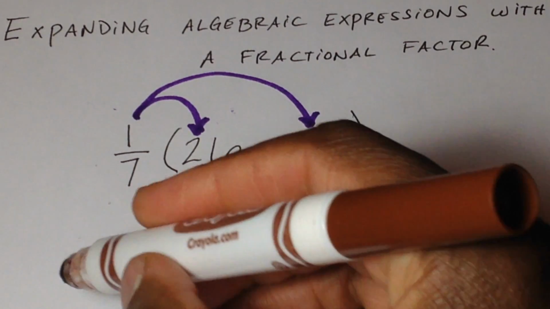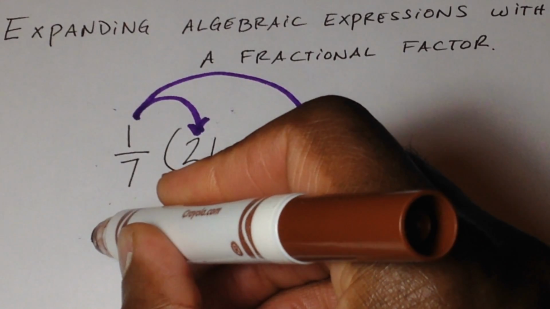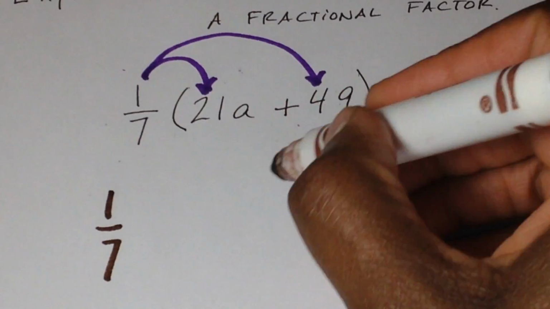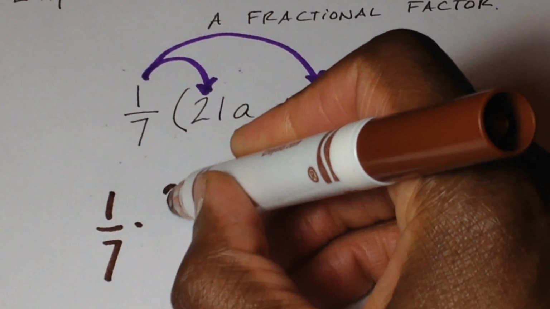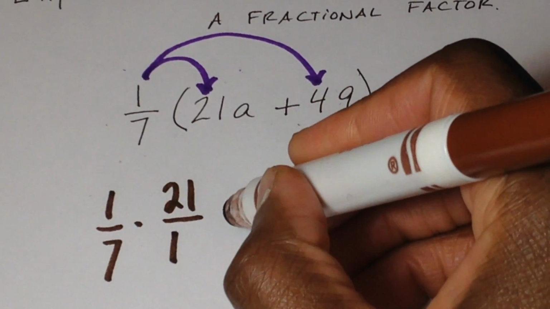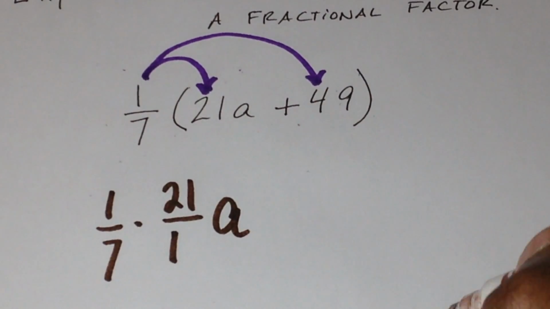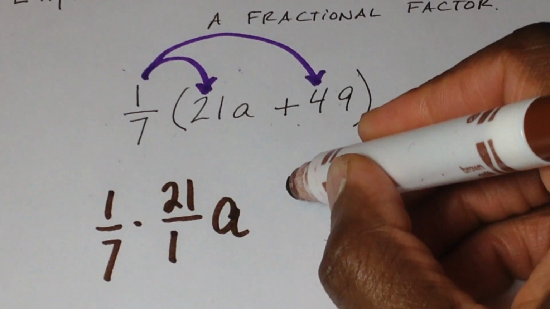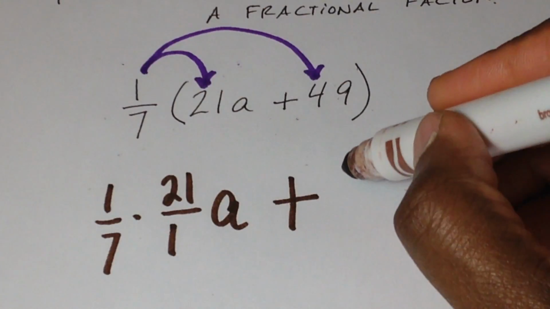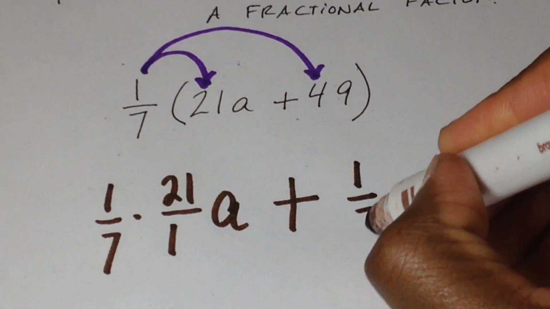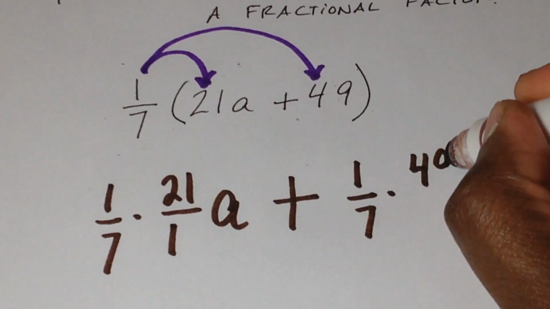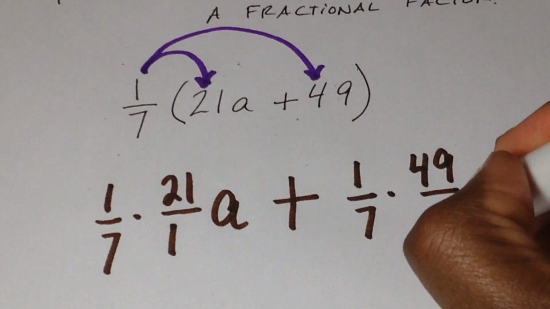Okay, we're going to have 1/7 multiplied to 21, and we're going to turn that into a fraction, making it 21 over 1. That's multiplied with a. I'm going to put a big plus sign to show we're going to add this. Now we're going to multiply 1/7 by 49 over 1.